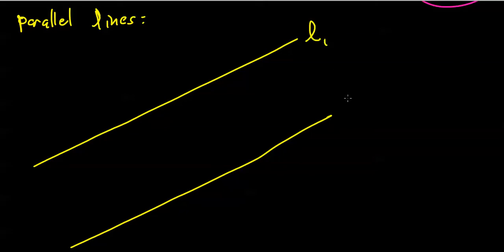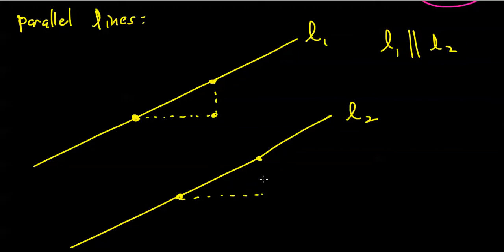L1, I'll call the top line line 1. I'll call the bottom line line 2. And I'll claim L1 is parallel to L2. Parallel means the lines never intersect, and if lines never intersect, that means the ratio of rise to run must be the same between any 2 points on that line, and if the ratio of rise to run is the same, that means the slopes are the same.